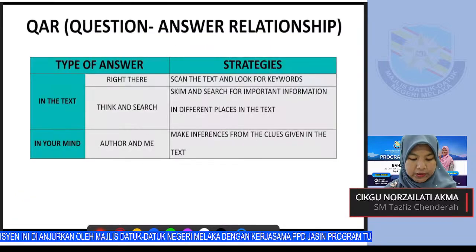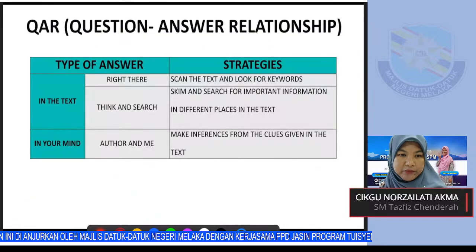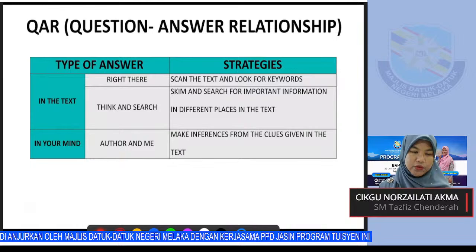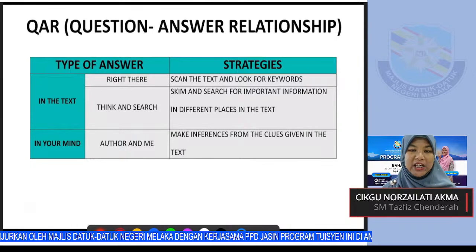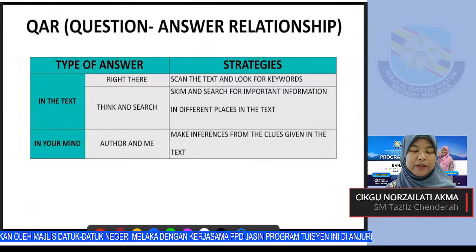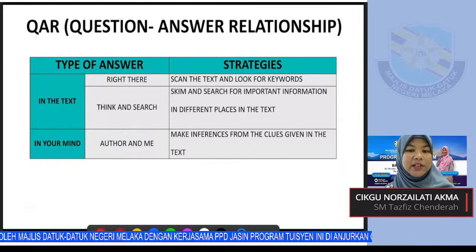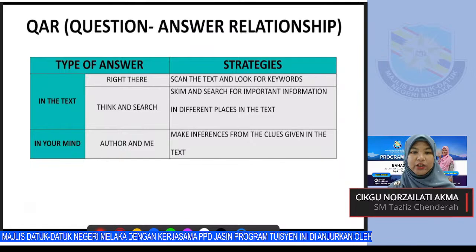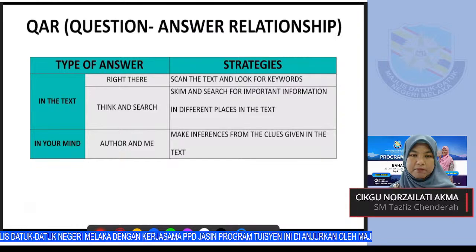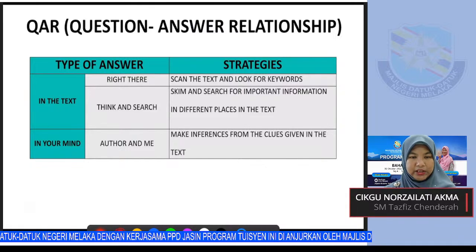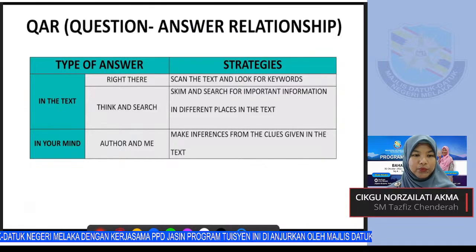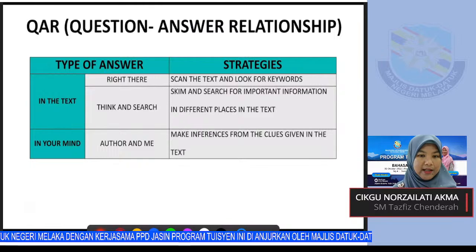Again, when locating information, you can also use QAR. QAR means question, answer, relationship. Not that kind of romantic relationship, but the question and answer will always have a relation to the text that is given.